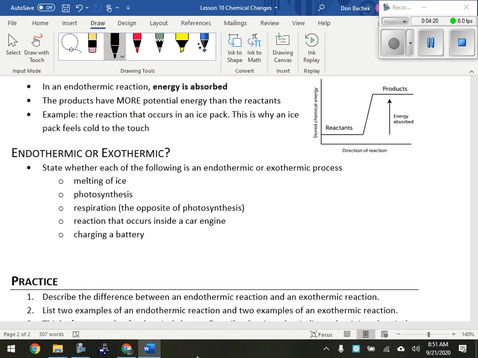All right. So the reaction that occurs inside a car engine. Does that make energy or take energy in, or is that exothermic, giving off energy? Anyone else? Car engine. In or out? Takes energy in? Yeah.